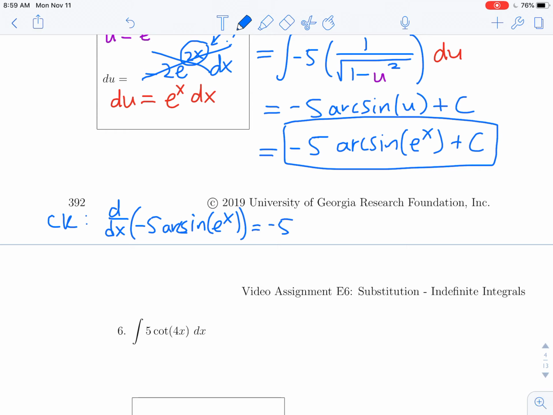We get negative 5 times 1 over square root of 1 minus e to the x quantity squared, and then times the derivative of the inside function, so times e to the x. So let's check that against the original integrand. And yes, it's the same because e to the x quantity squared is the same thing as e to the 2x, so this checks out.